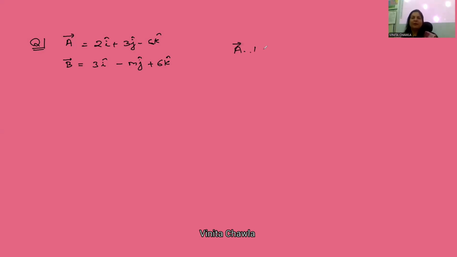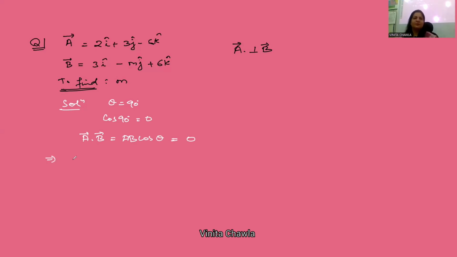Vector A is perpendicular to vector B. And the question is that we have to find the value of m. So, when two vectors are perpendicular, then the angle between the vectors is 90 degrees. Cos 90 degrees is 0. So if we take the dot product of these two vectors, then we'll get 0 because AB cos theta होता है, right?